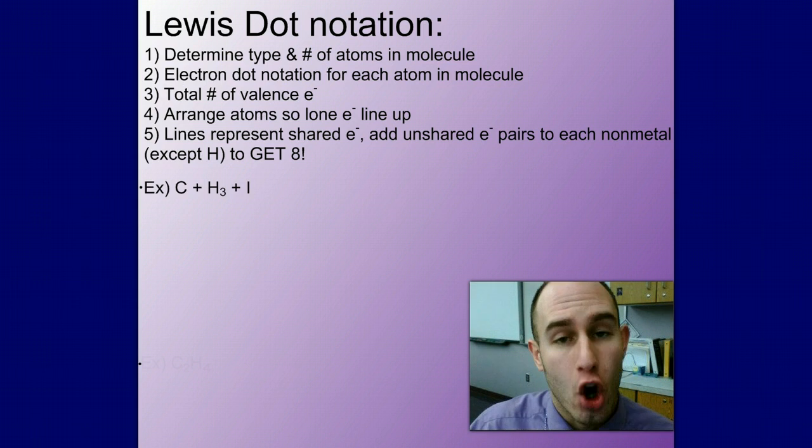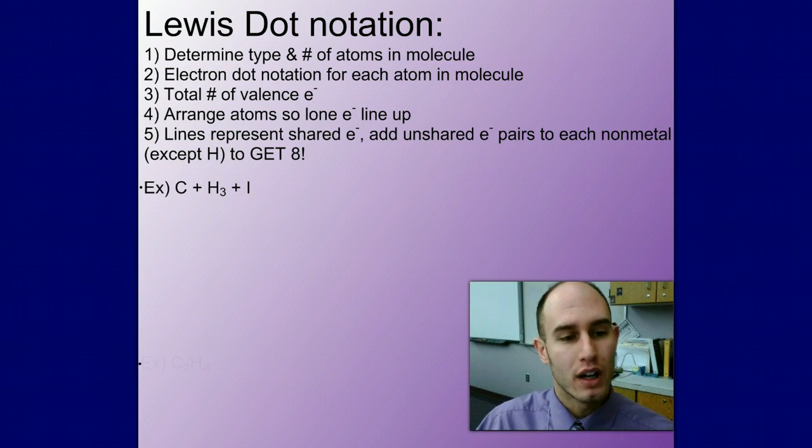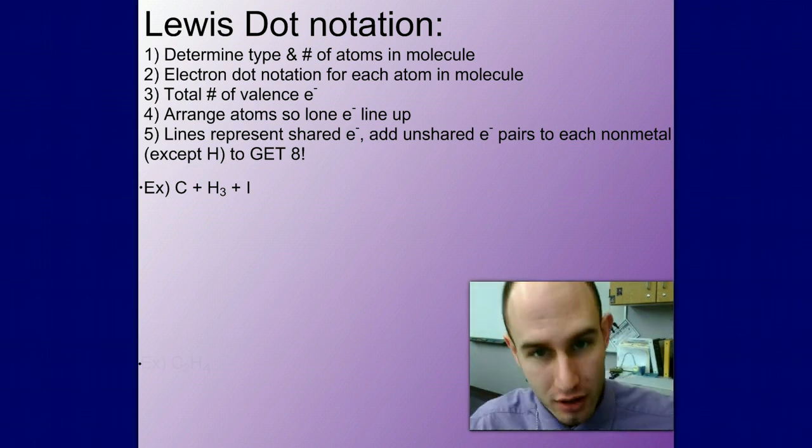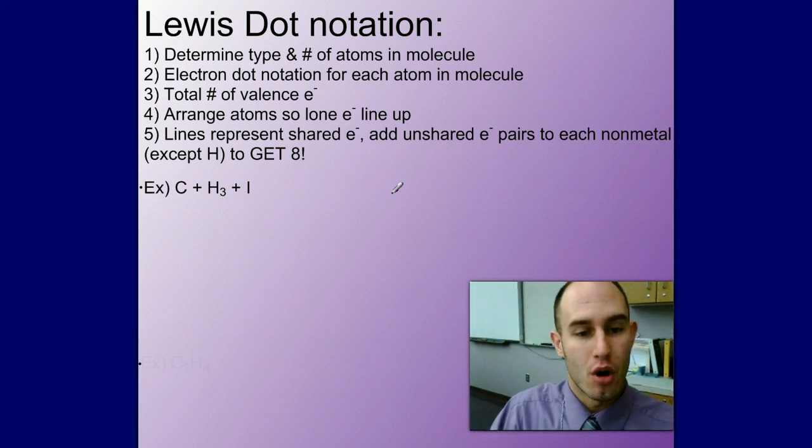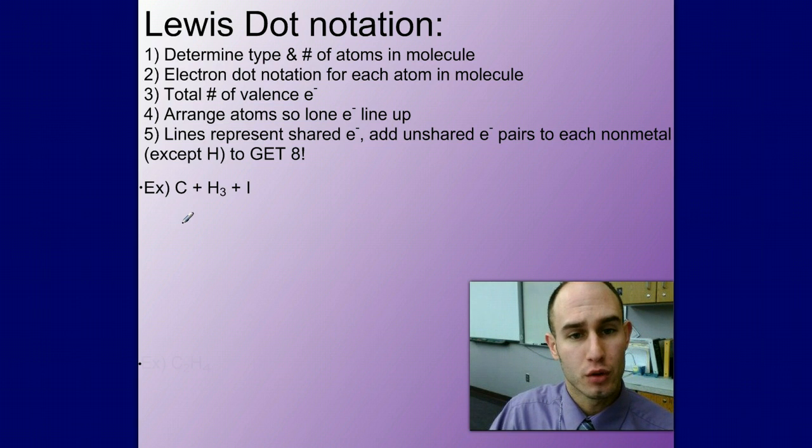For carbon, 3 hydrogens and 1 iodine, we are going to write and draw the Lewis dot structure for this molecule. So first and foremost, we need to determine the type and number of atoms in each molecule. We have 1 atom here, 3 here, 1 here. The electron dot notation for each: carbon is in group 4A.